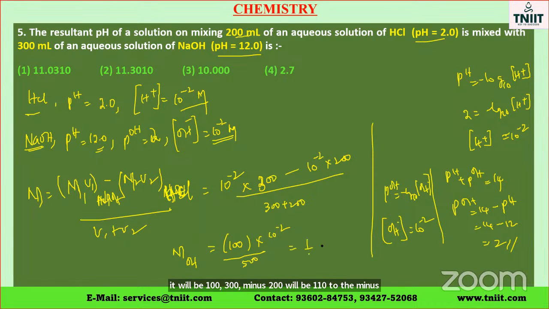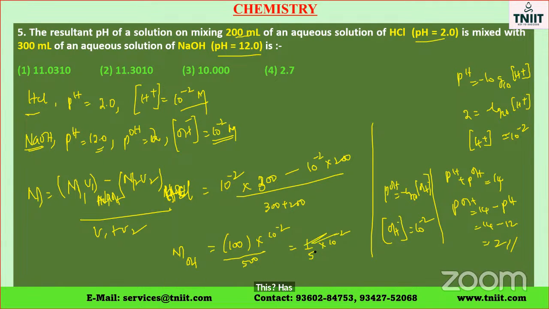So it will be 1 by 5 into 10 to the power minus 2, or around 1 by 500.